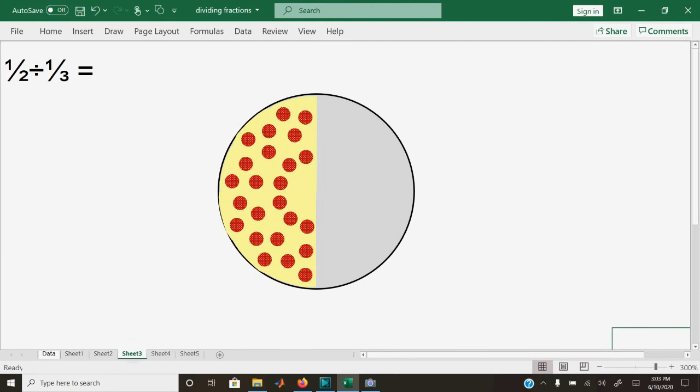So if I think about a half now divided by 1/3, how many thirds are in a half? Well, I'm now going to have at least 1/3. The question is, how much more do I have left over? And we've got the same idea.